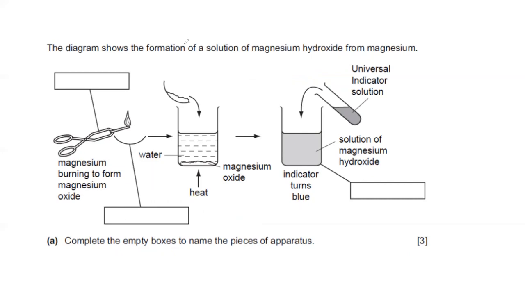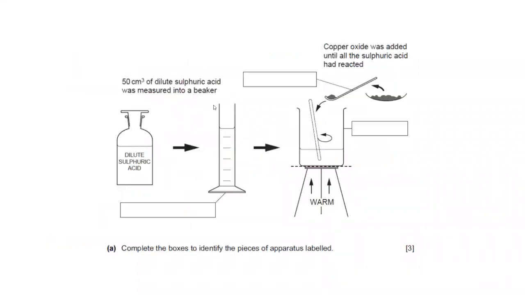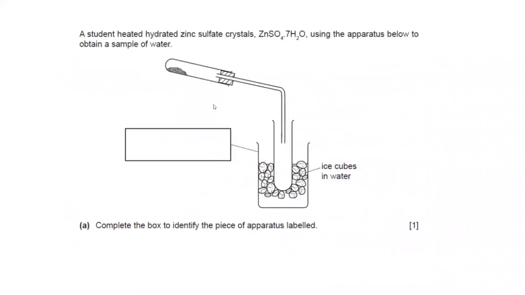Okay. The diagram shows the formation of a solution of magnesium hydroxide. Complete the empty boxes to name the pieces of apparatus. What is this piece of apparatus? The first one. I will show you the list of apparatus from the first slide.